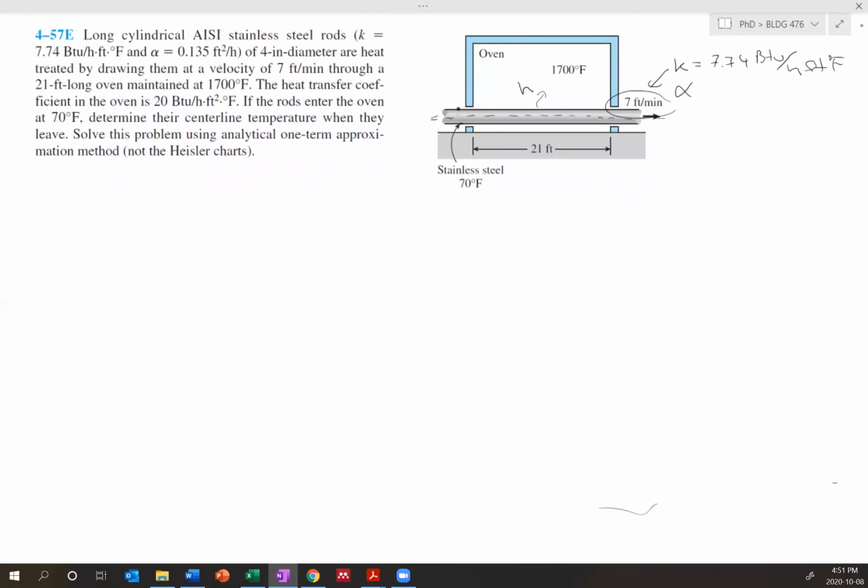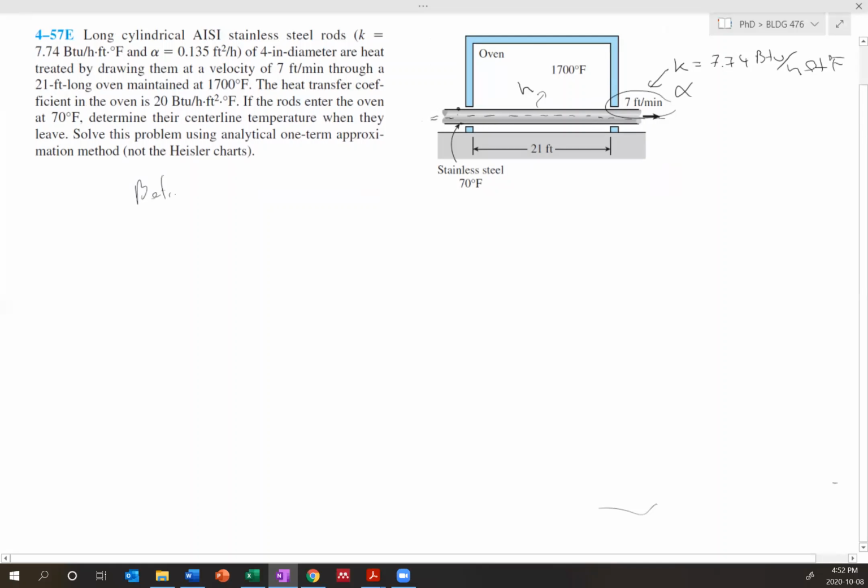the idea here is we basically have this rod moving through the oven, and so it's exposed to some initial temperature. The rods enter the oven at 70 degrees Fahrenheit, and outside we assume it's a uniform temperature.